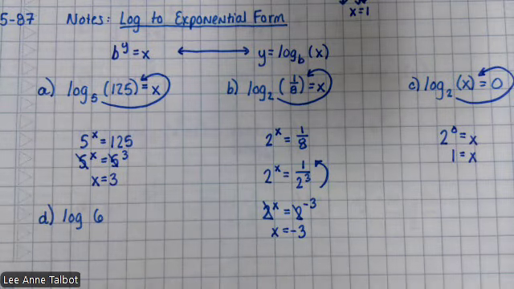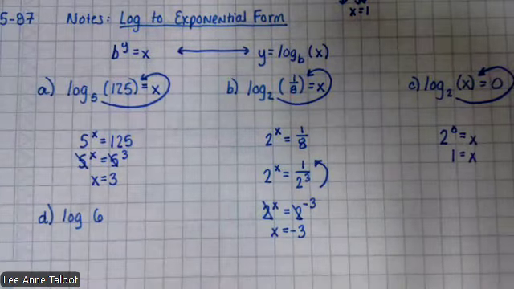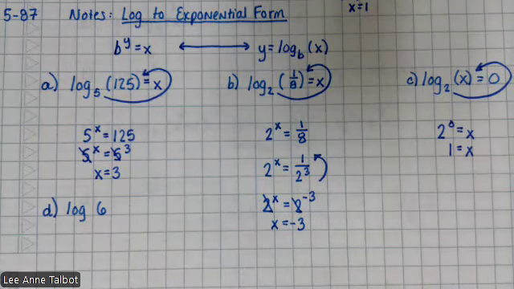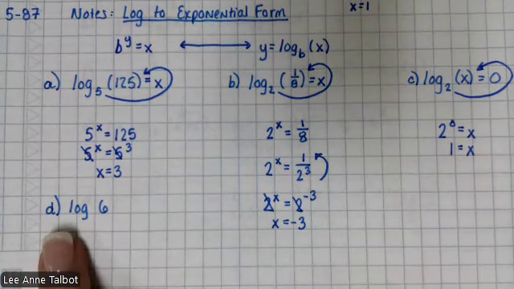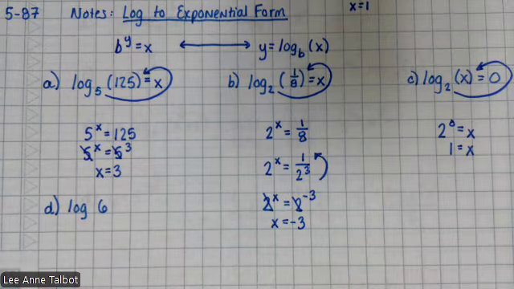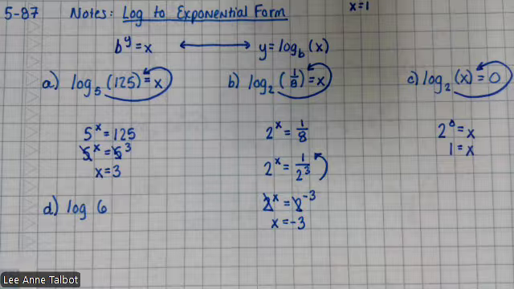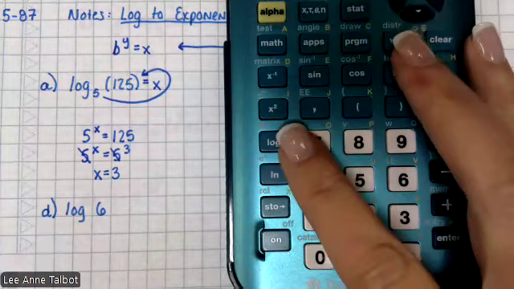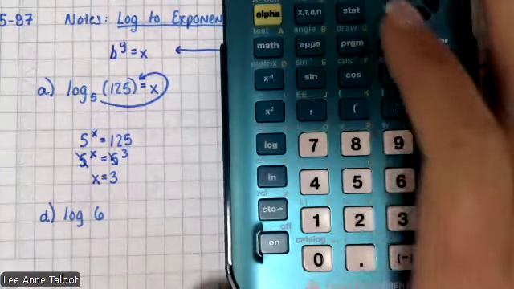Okay, now D. D is missing something. No base. Okay, so this is plain log. What I want to show you is that there are buttons on your calculator for plain log. This is not what I'm going to use for this problem, but there is a plain log button right here.